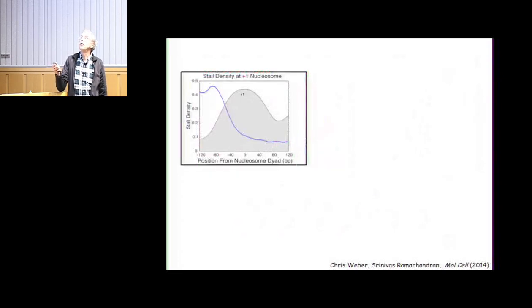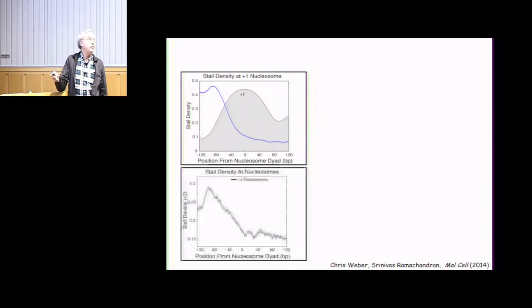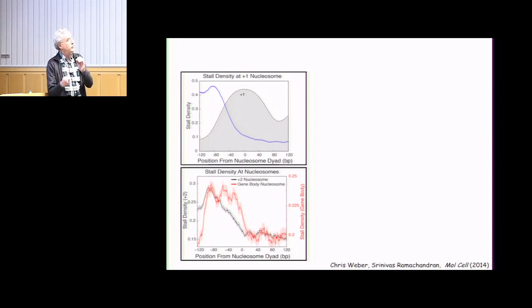So here is the profile of all of the +1 nucleosomes, and here is the stall density, and you see it's at the entry site here. When we go to +2, we also see a peak at the same place, and when we go to gene body nucleosomes farther in, we also see a stall here, but we see some encroachment into the nucleosome.